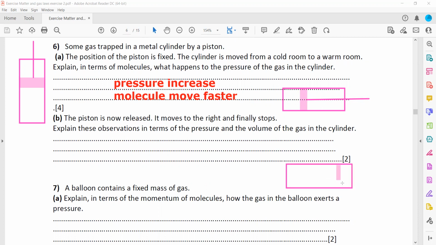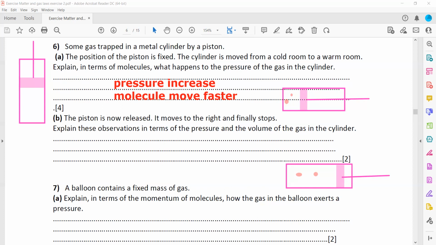We move the piston more towards the right-hand side. So it is the same number of molecules, but they have more space. If the volume increases, what happens to the pressure? The pressure will decrease.